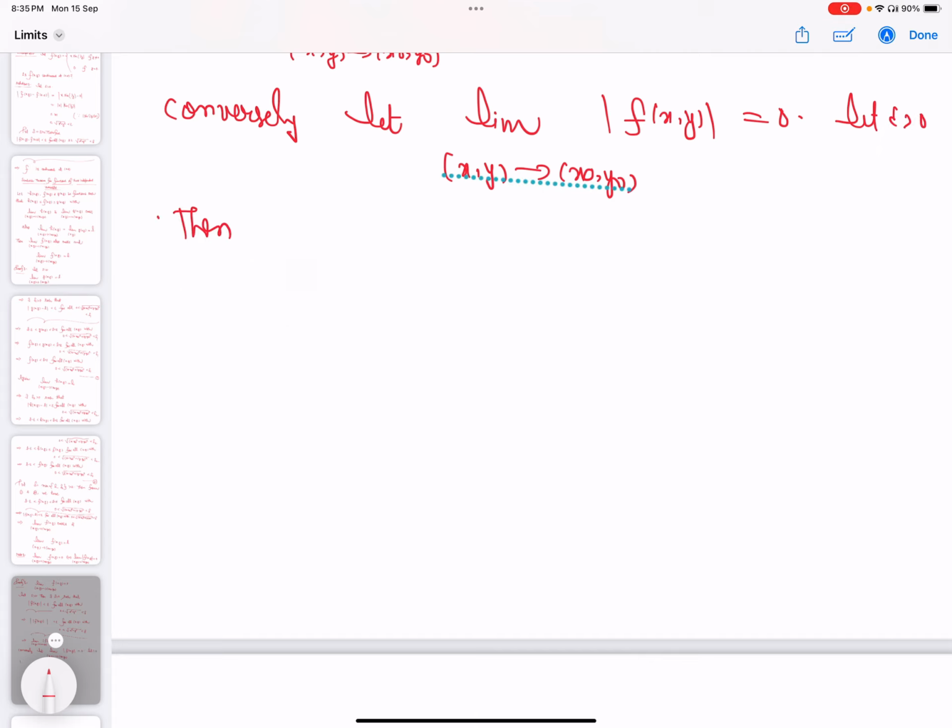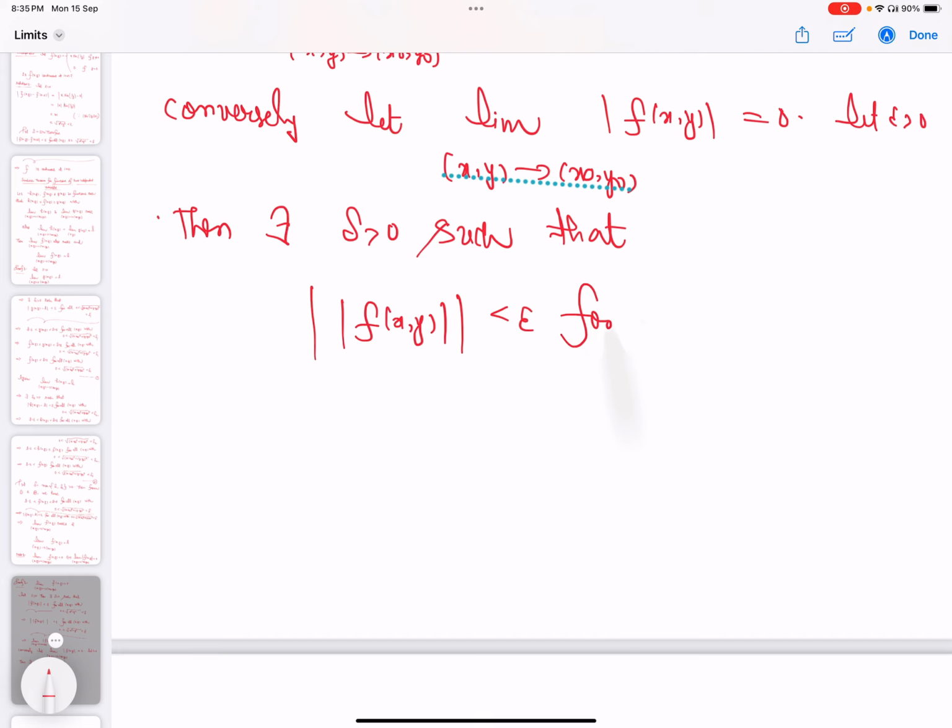Then there exists delta greater than 0 such that the modulus of f(x,y) is less than epsilon for all (x,y) with x squared plus y squared less than delta.